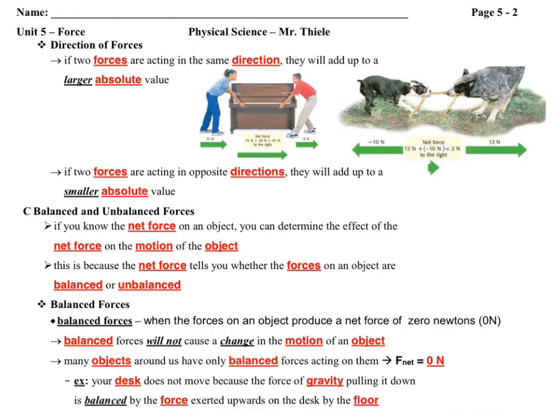Your desk does not move because the force of gravity pulling it down is balanced out by the force exerted back up on the desk by the floor. And really, any object that is not moving has balanced forces. So if we look at an object and we see that it is not moving, we can say that it has balanced forces. Those are the easy ones. It's a little more difficult with objects that are moving. We'll get into that in a second.